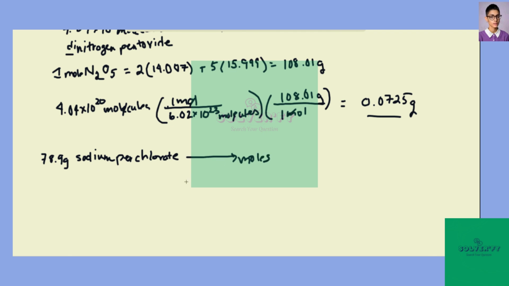And again, grams to moles, we use the molar mass. We can find at a smaller level how many formula units this is equivalent to. And a formula unit is just the smallest unit of an ionic compound. So again, we use Avogadro's number.